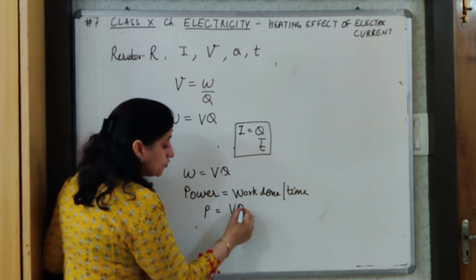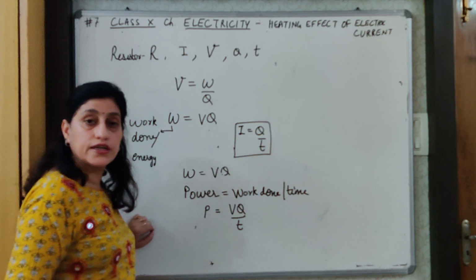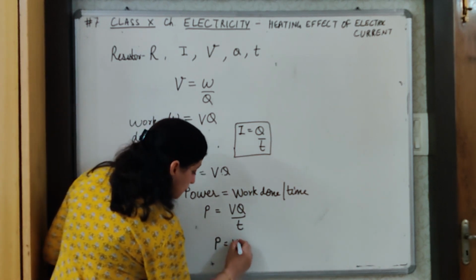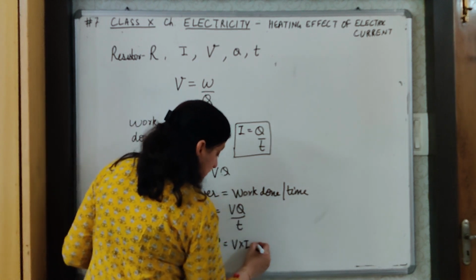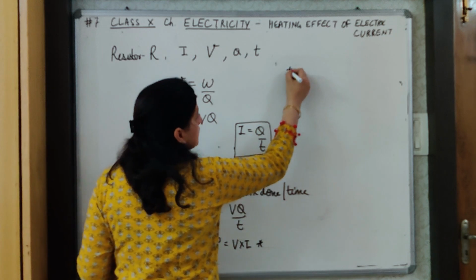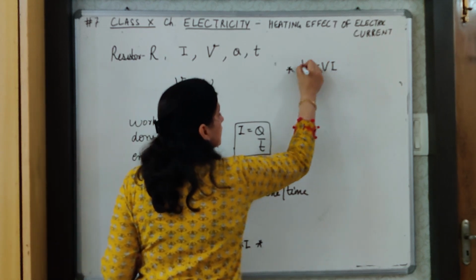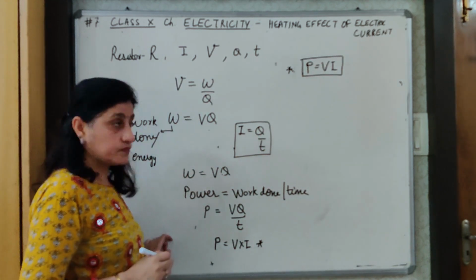Now from here I know Q upon T is I, so I will replace Q upon T by I. Power is equal to V into I. So we get a formula from here. We get P is equal to VI. If electric power consumed is asked, we can use this formula.